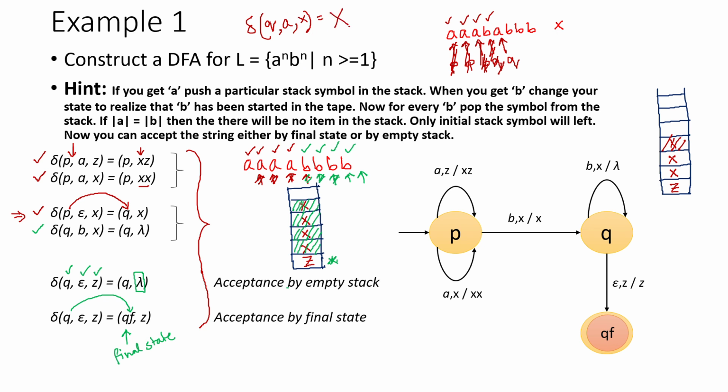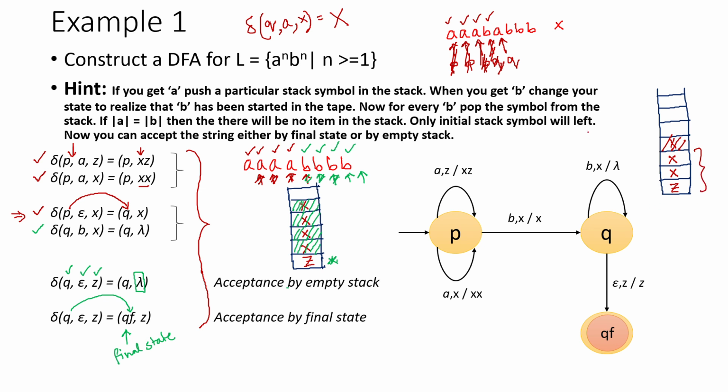It is not present. So whenever your pushdown automata sees that a transition function is not available, the pushdown automata will halt. Means the machine will stop accepting any character further. And at that point you see that you are in Q. So if you think that your pushdown automata is accepting by empty stack, then your stack is not empty.